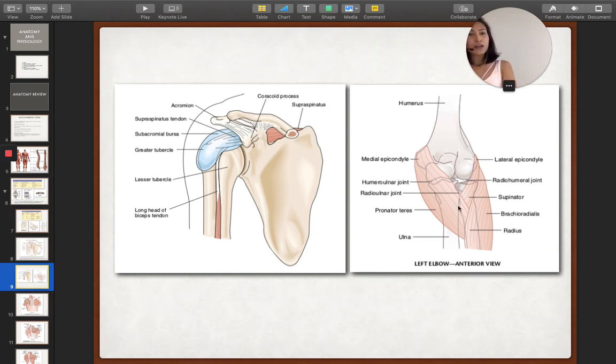So here, let's look at the left elbow and the anterior view. So this is my left elbow. Our humerus, or the upper arm bone, is connected with two other smaller bones, which are called the ulna and radius.